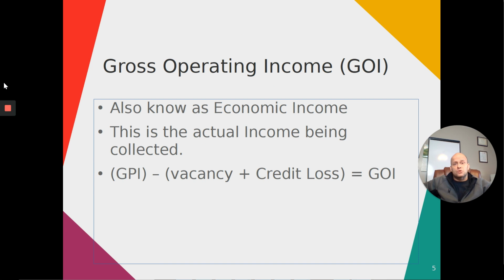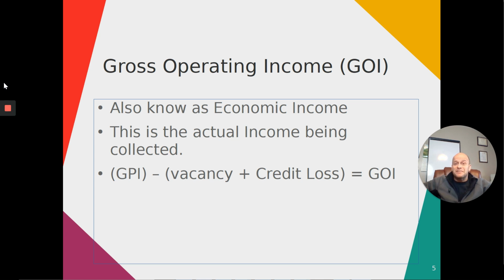That gets us to the gross operating income. Gross operating income, also known as economic income, is a very important number. This number represents what the property is actually bringing in. Sellers may say to you the property is 95% occupied, and it very well may be, but that doesn't mean they are collecting on all of those clients.